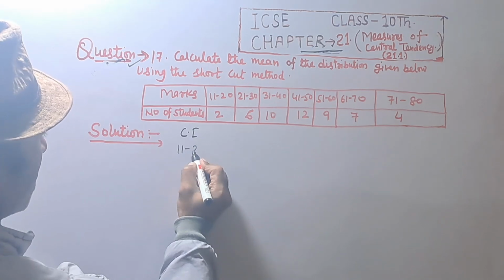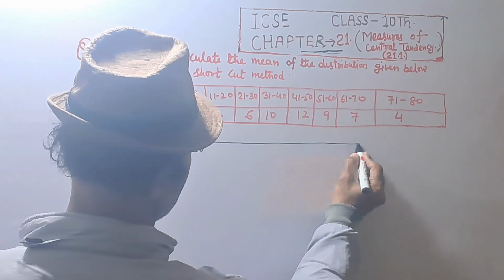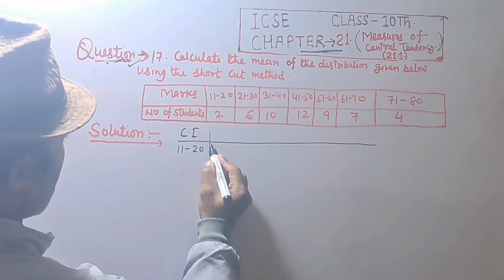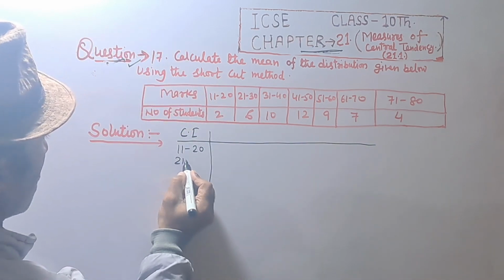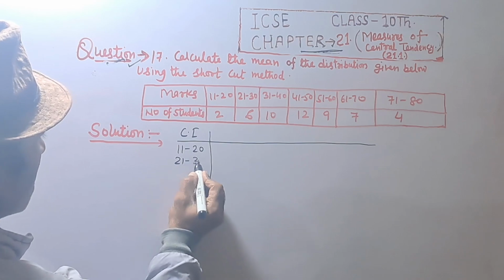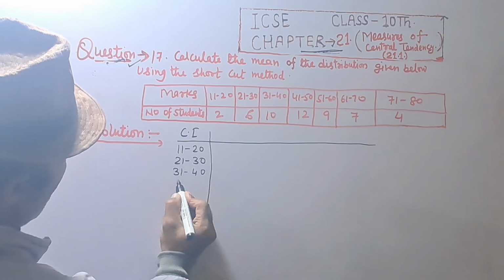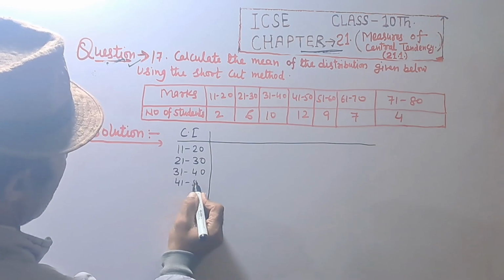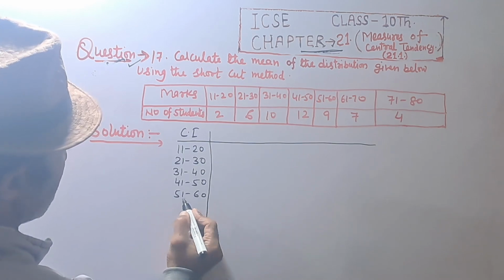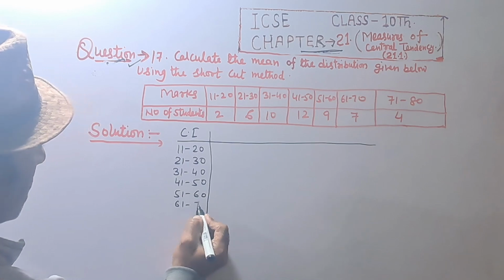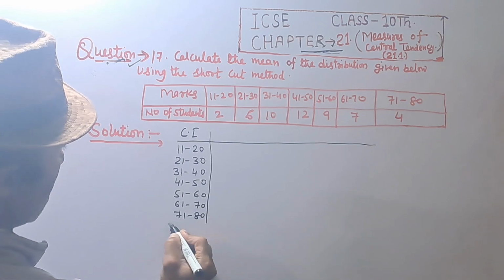11 to 20, and 21 to 30, 31 to 40, 41 to 50, 51 to 60, 61 to 70, 71 to 80.